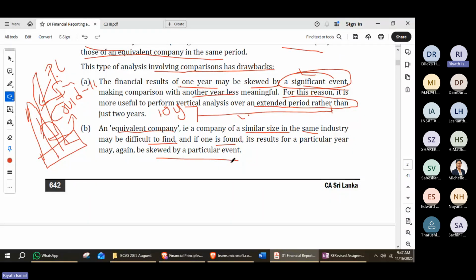There are no similar companies in the same sector. It's very hard to find a similar company for horizontal analysis, like Shell Gas, LP gas, mostly no competitors, and there are some other products with no competition.